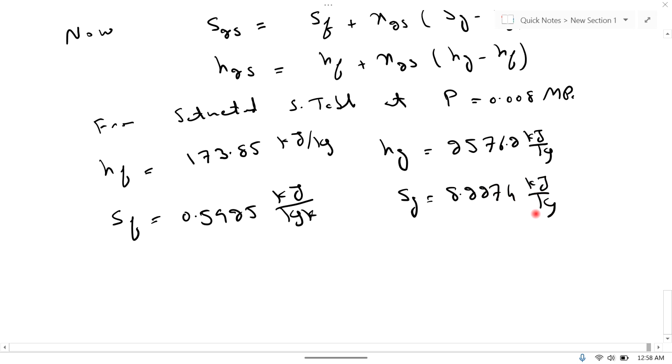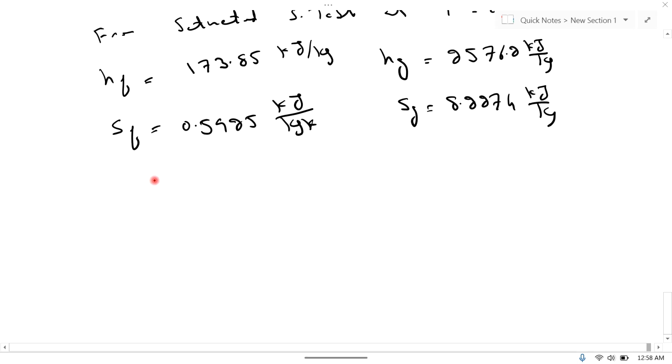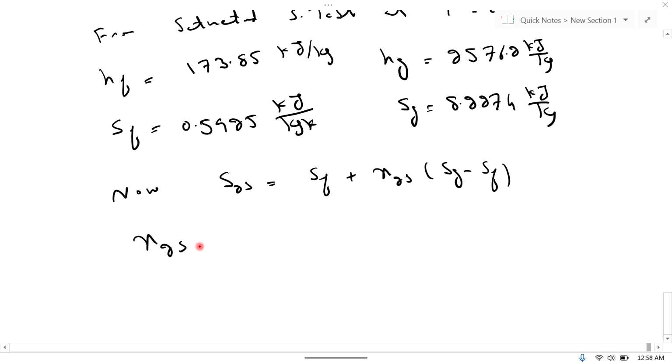Now use the above formula and find H2S, and then with the help of H2S we will find H2. We know that S2S is equal to SF plus X2S into Sg minus SF. So rearrange this equation and find X2S, which is equal to S2S minus SF divided by Sg minus SF.